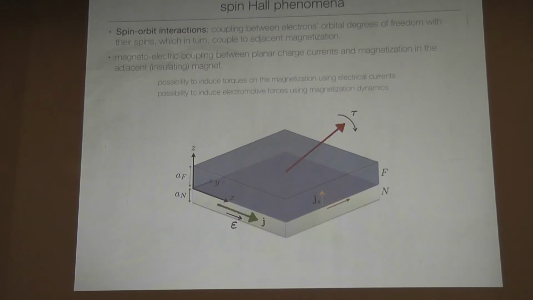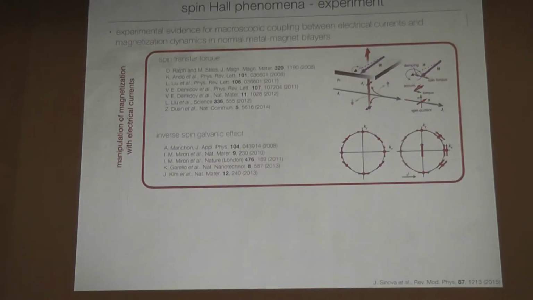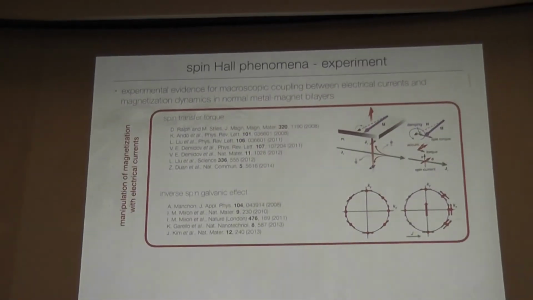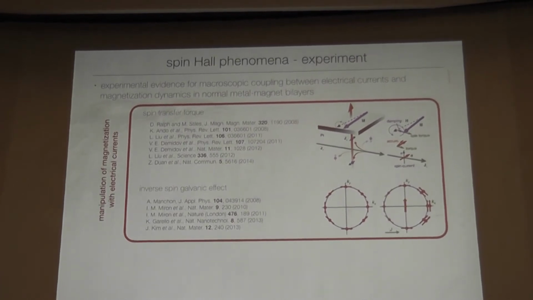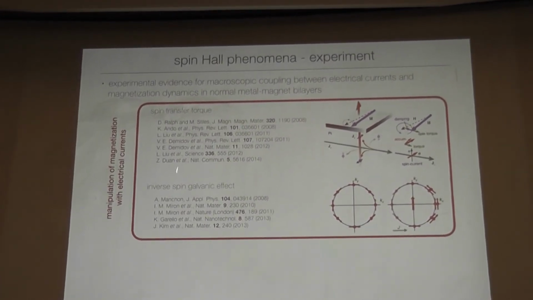This kind of phenomena is very well observed in experiments as well, and this was covered a lot during the tutorial last weekend, as well as a number of talks during the conference. So one facet of this problem is spin transfer torques.